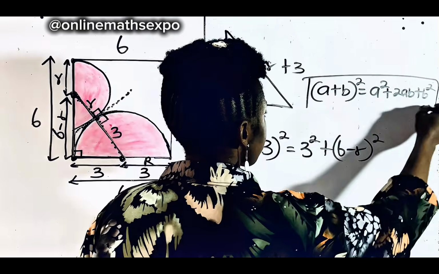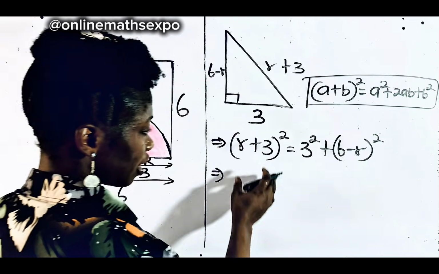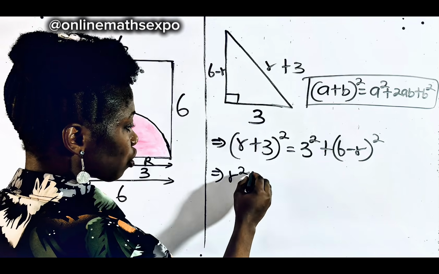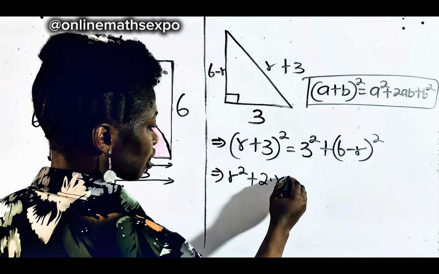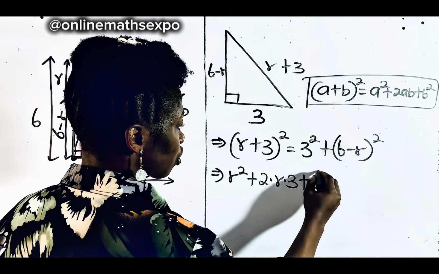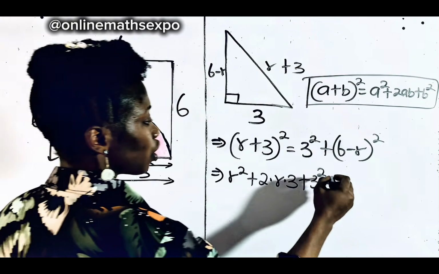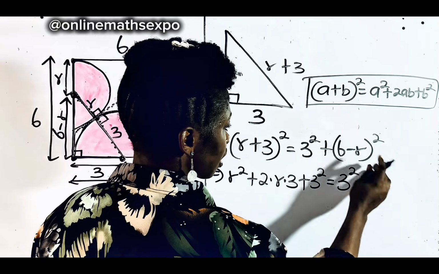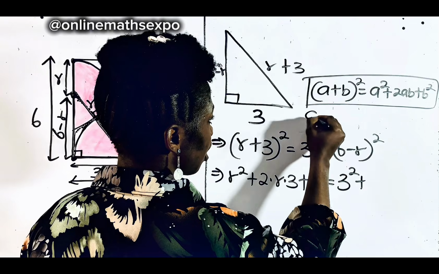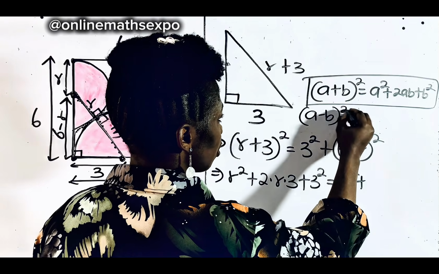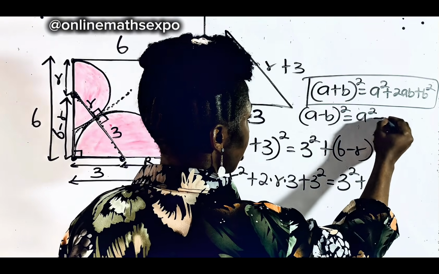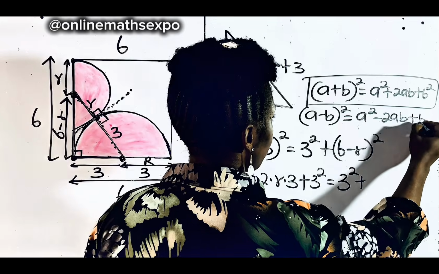So if you apply this algebraic identity here, it gives us r squared plus 2 times r times 3 plus 3 squared is equal to 3 squared plus, apply it. For this one, you have a minus b squared will give you a squared minus 2ab plus b squared.